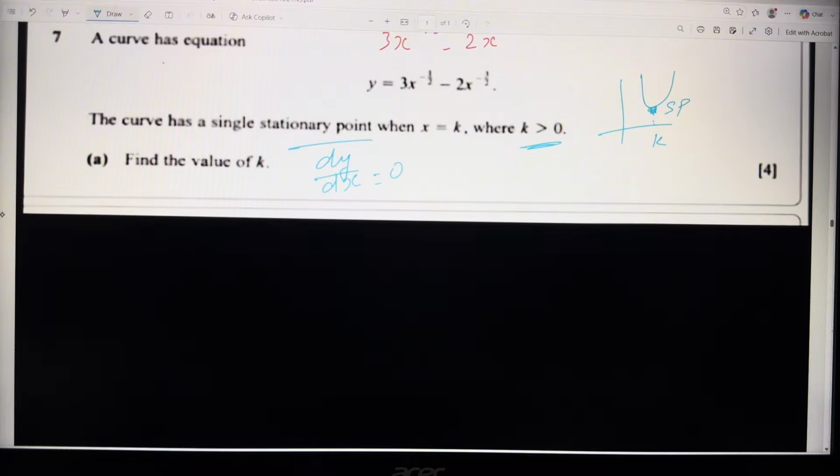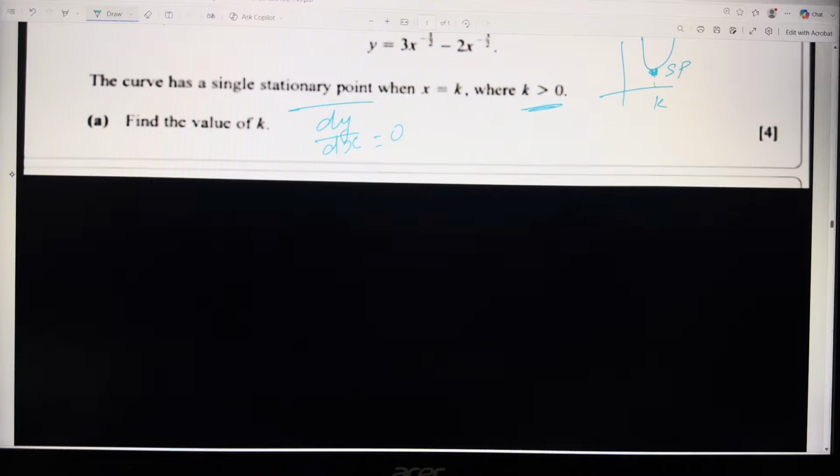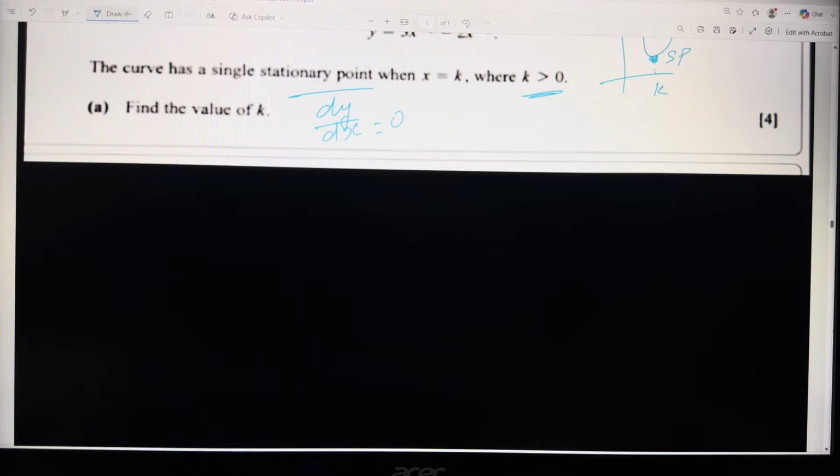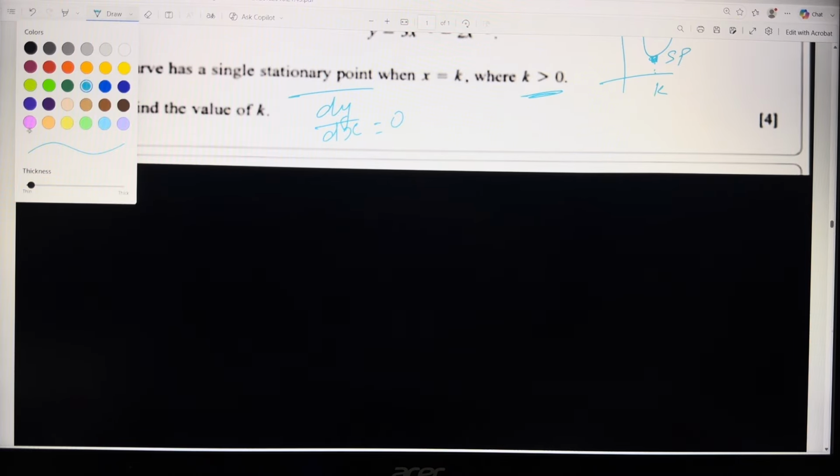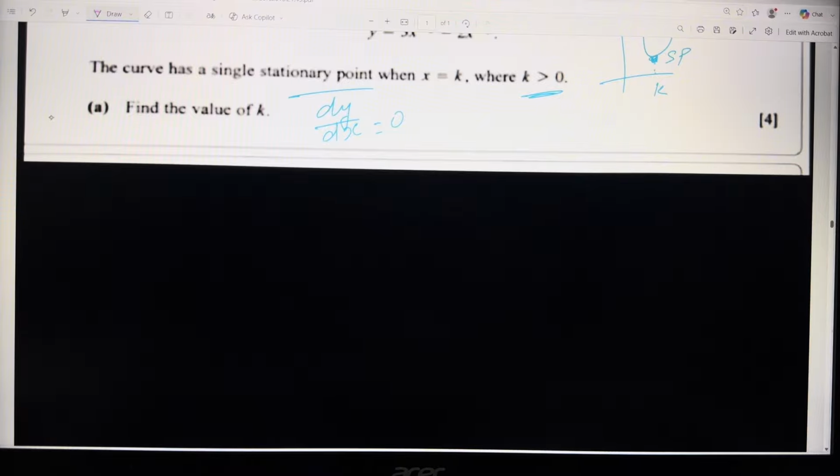So what we can do is find dy upon dx with x as k.